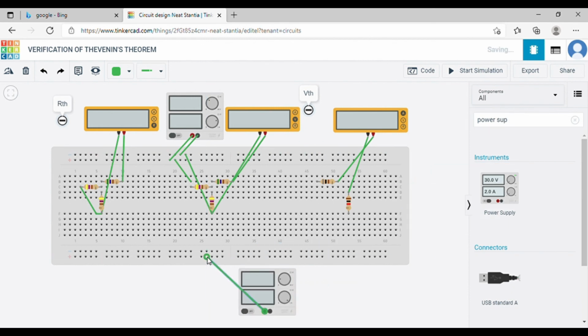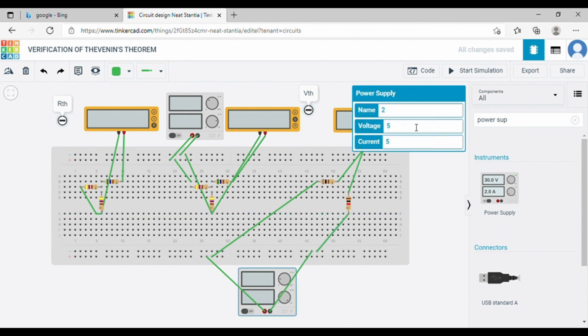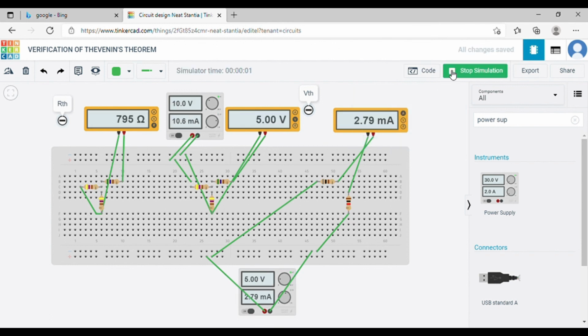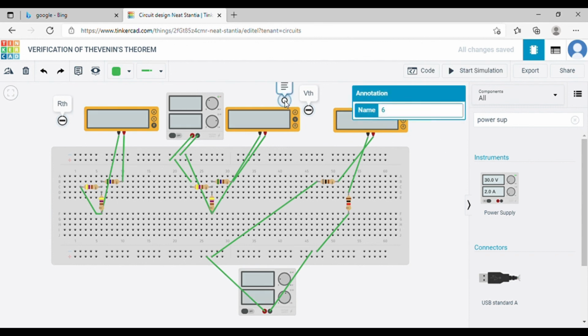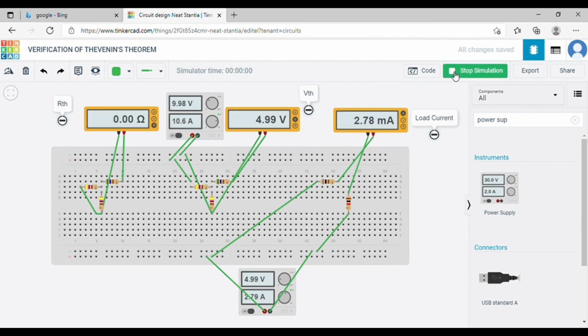Connections are given as per the circuit diagram. The value of voltage and current is changed in the power supply unit as per the theoretical calculation. Now we have implemented the Thevenin's theorem virtually. We can also name the various blocks in the given circuit.